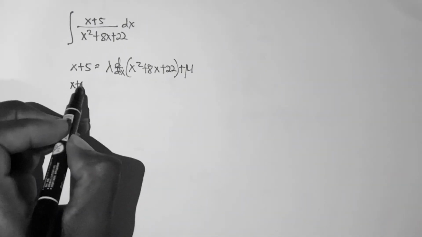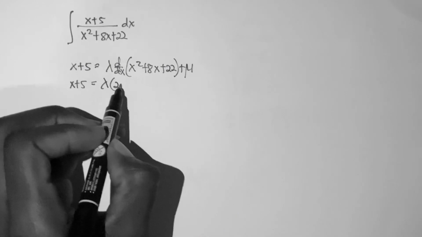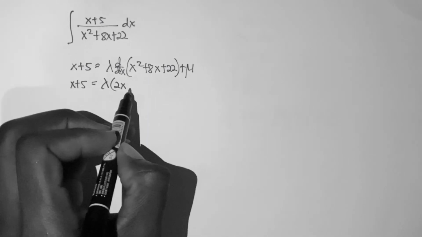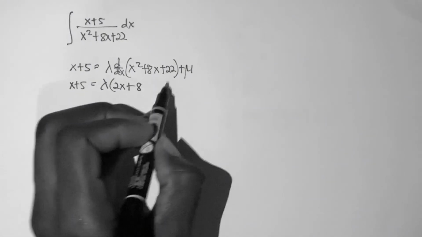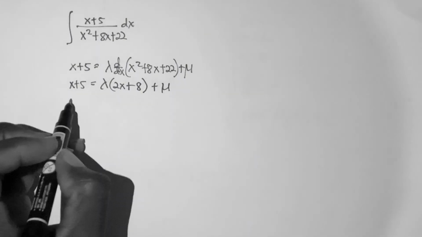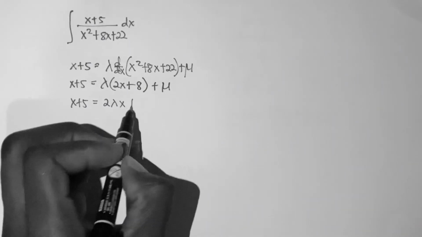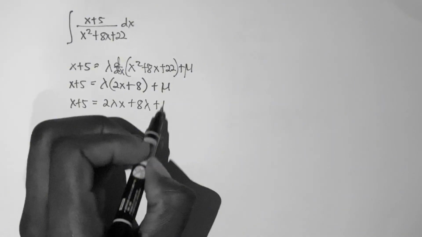So x plus 5 is equal to lambda times, if you differentiate x squared, it is 2x, if you differentiate 8x, you get 8, if you differentiate 22, it is 0, plus mu. So x plus 5 is equal to 2 lambda x plus 8 lambda plus mu.